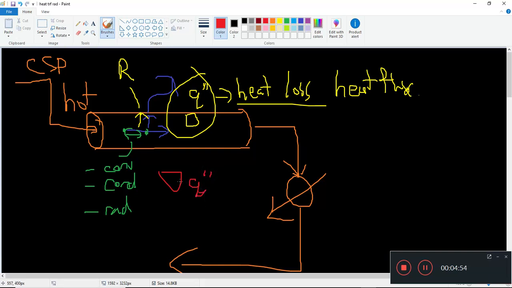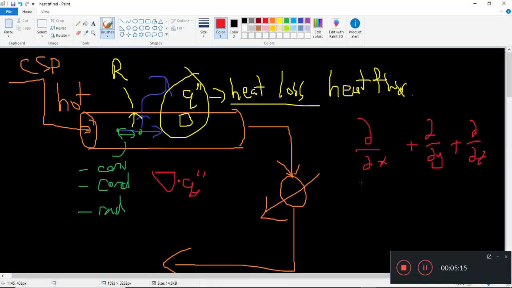What is divergence of heat flux? Divergence, if you know the mathematical symbol in Cartesian coordinates, is del by del x, del by del y, and del by del z.